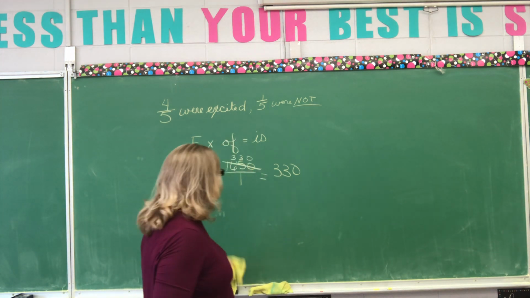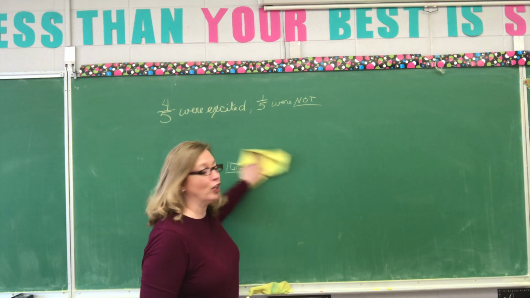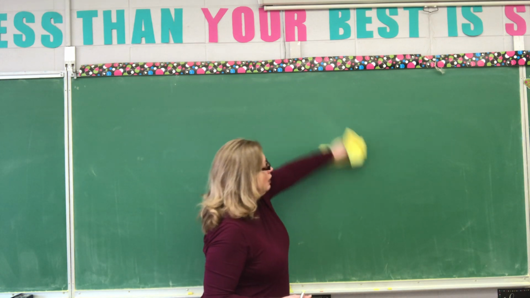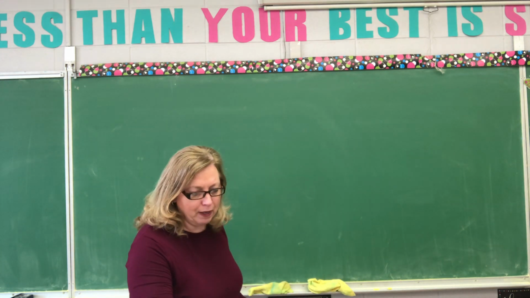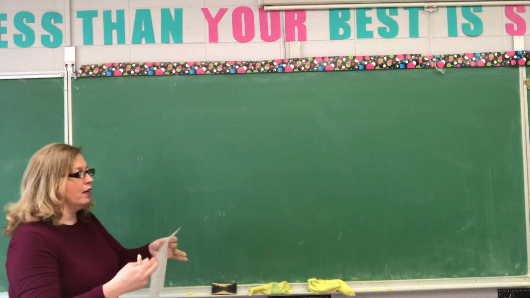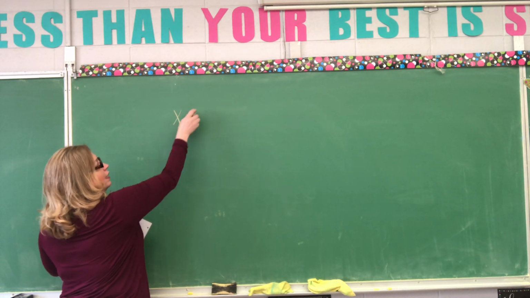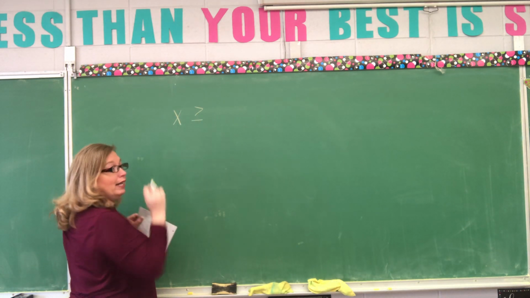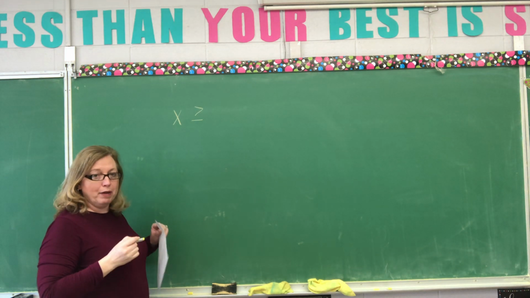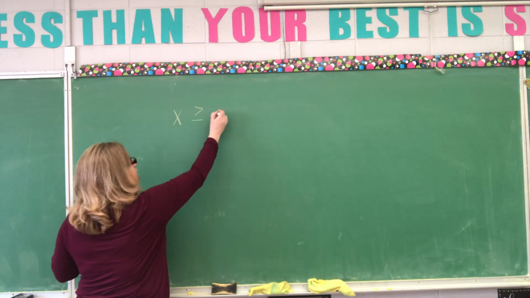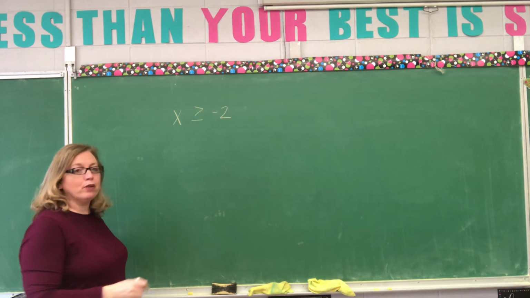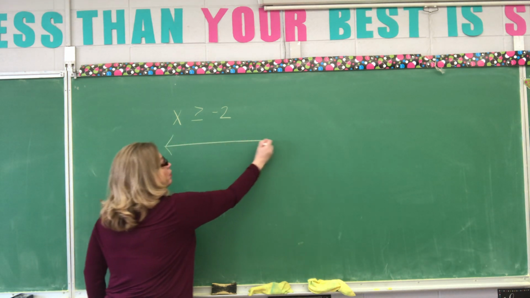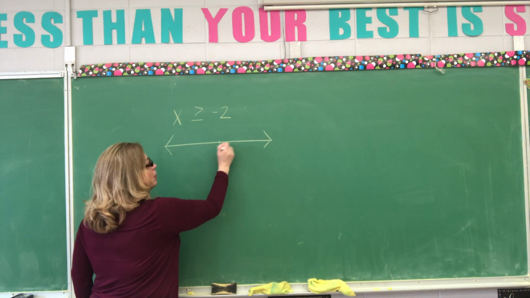Let's look at number 5 very quickly. I want to do this quickly because our video doesn't like it when I make these very long. Let's look at our statement. The statement is x is greater than or equal to -2. How do we graph it? Well, we're going to make our number line.